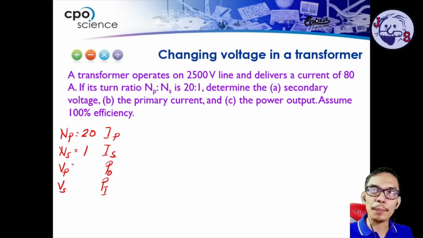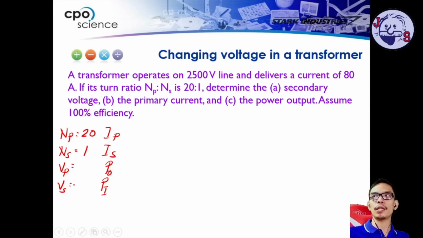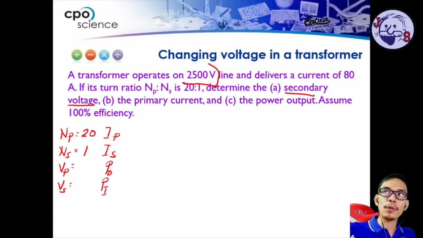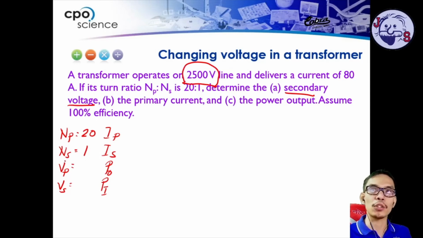Next one, primary voltage and secondary voltage. Since the problem is asking you to find the secondary voltage, this one will be the primary voltage. So that is 2,500 volts, and the secondary voltage is missing.